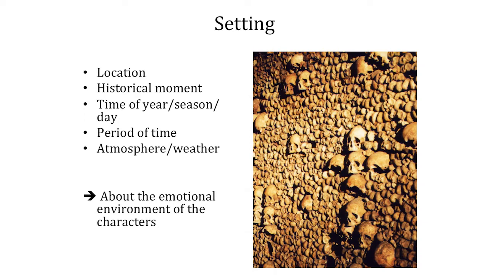Another thing that refers to setting is the period of time covered by a text. There is, for example, a story by Kate Chopin called The Story of an Hour, and it literally is about 1 hour in that person's story which changes everything. Another famous book, Mrs. Dalloway, by Virginia Woolf, is a story which is about literally 1 day in the life of Mrs. Dalloway. 1 day in the life of this 52-year-old.